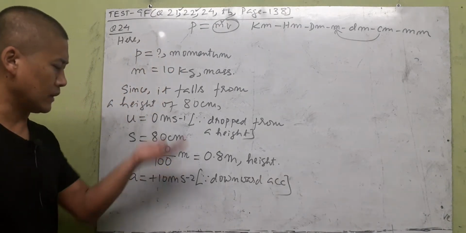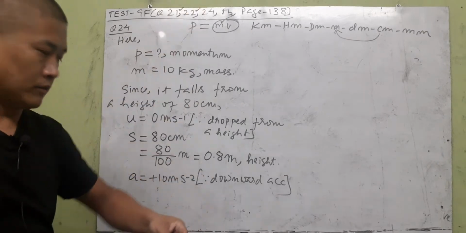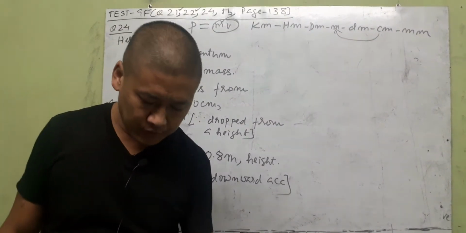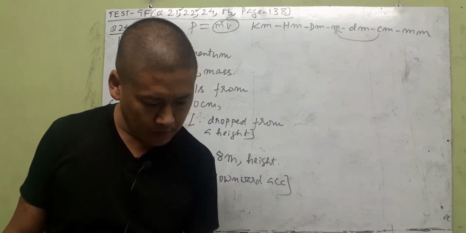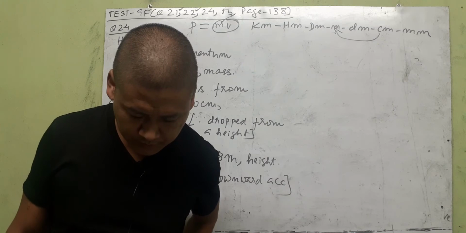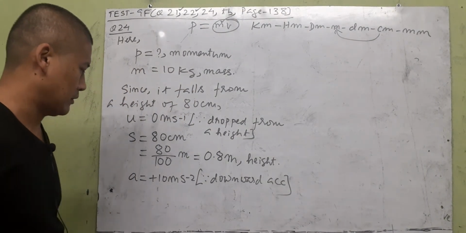If it is thrown up, A would have been opposite to the gravity, so it would have been minus, but this is plus for sure, right? So let us do that now. Let us go and see downward acceleration. So this is your downward acceleration.